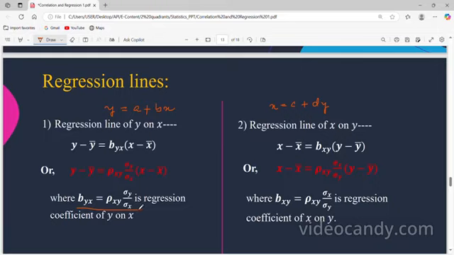This is the regression coefficient of y on x. On the other hand, x minus x bar equal to bxy (y minus y bar), so x minus x bar equal to rho of xy into sigma x by sigma y (y minus y bar). So this one is bxy, which is also the regression coefficient of x on y.